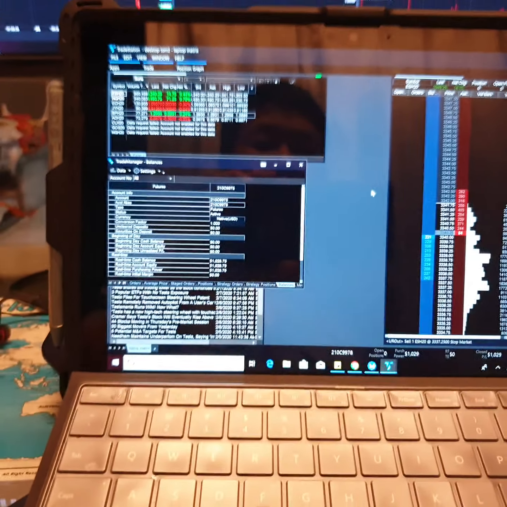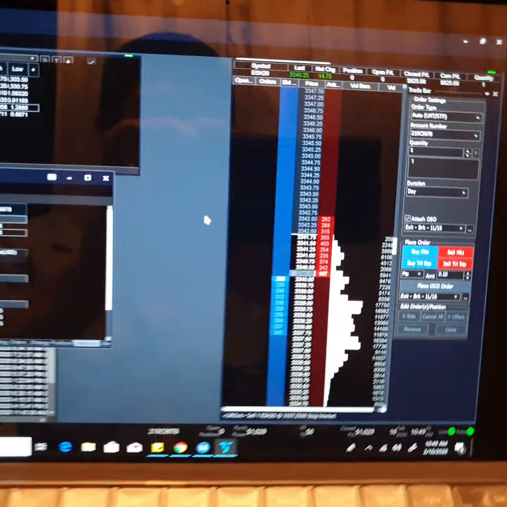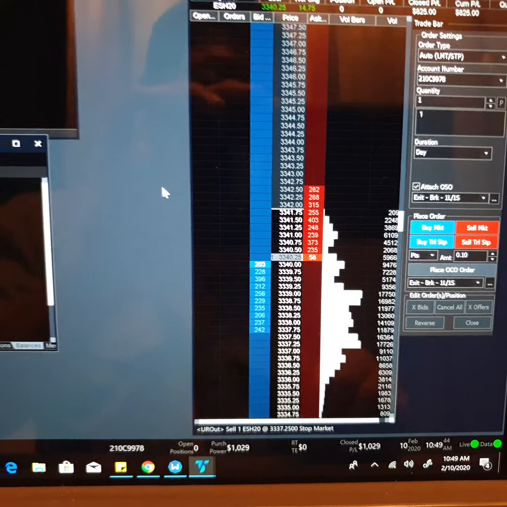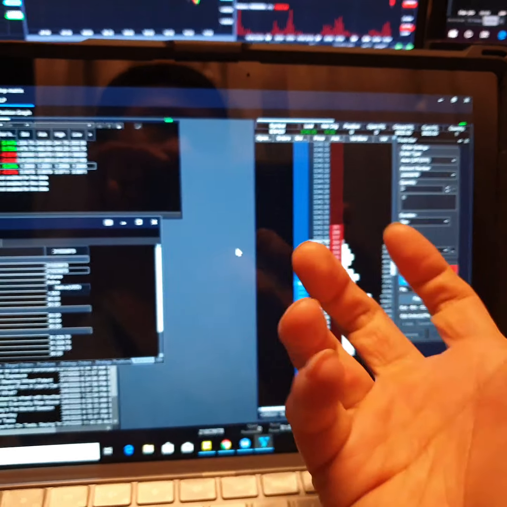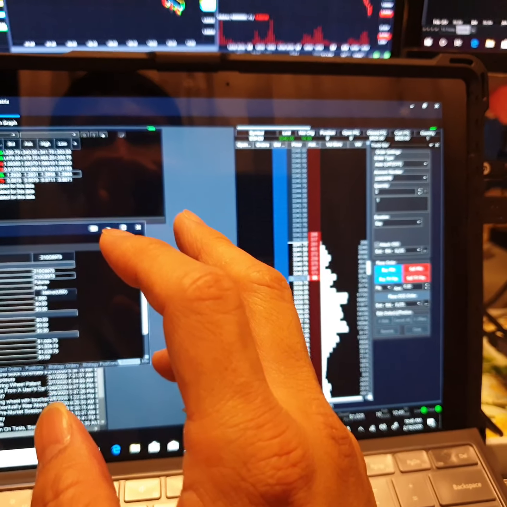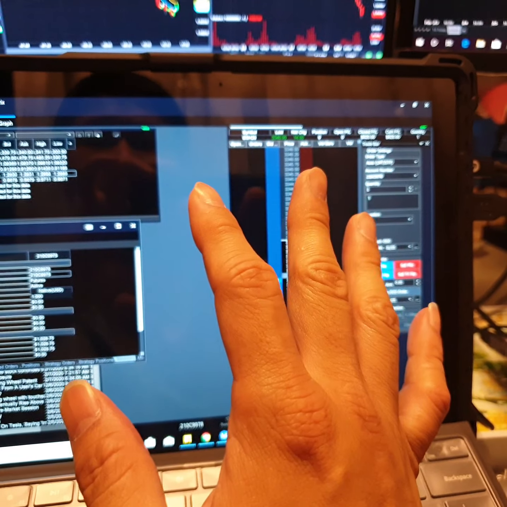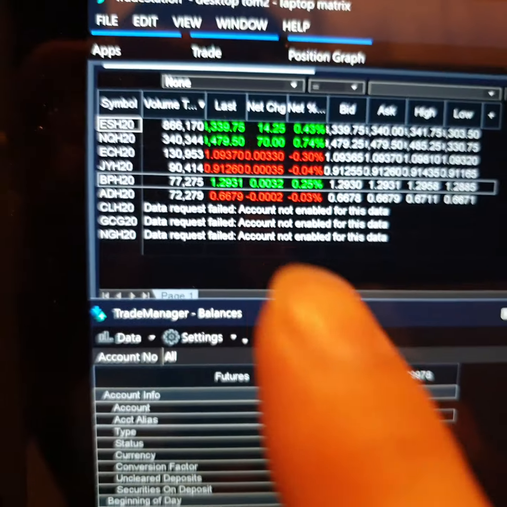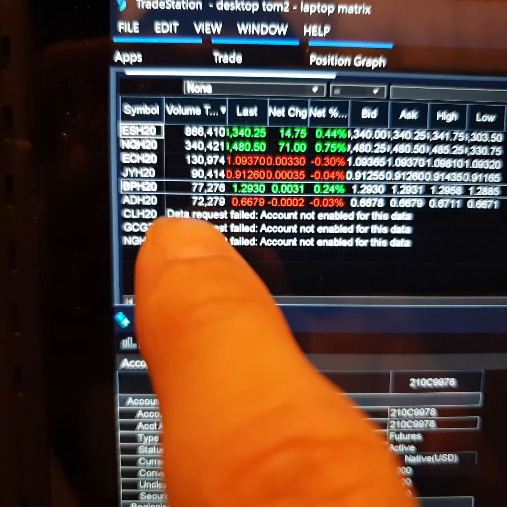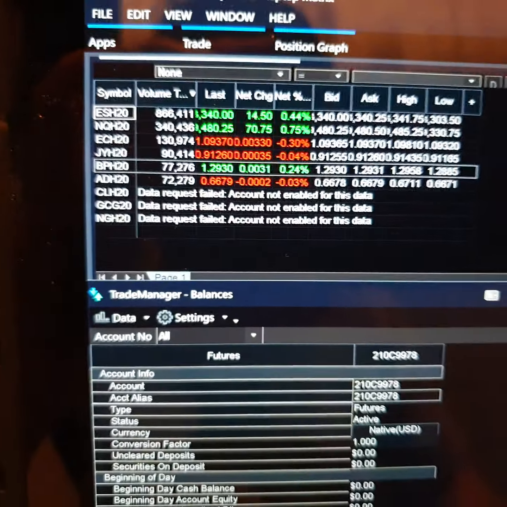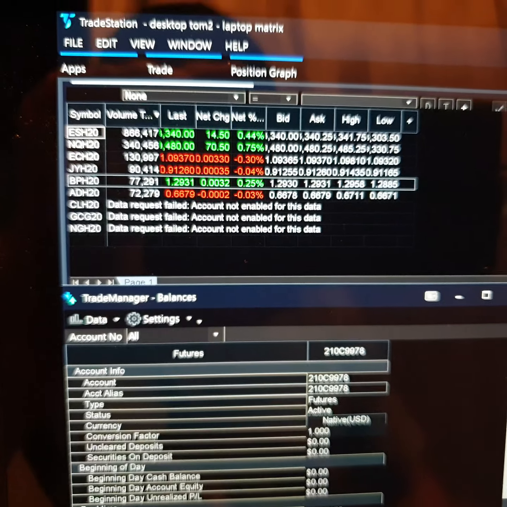I'm sure you guys are excited to use this. The downside about using this is that I have to pay $100 for the data feed account, because I usually play gold. As you can see, I didn't pay for the data feed for the crude oil and the gold, because I don't want to pay $300 in the beginning.